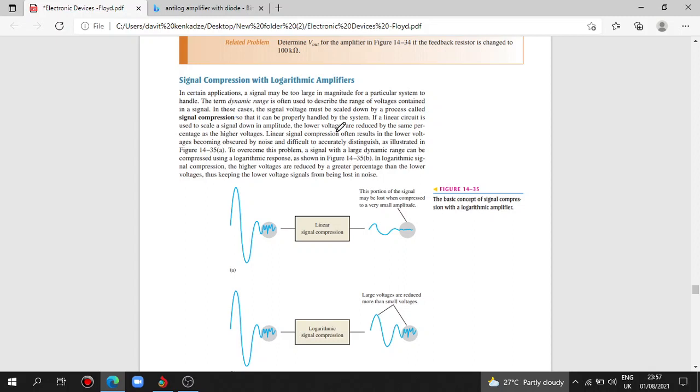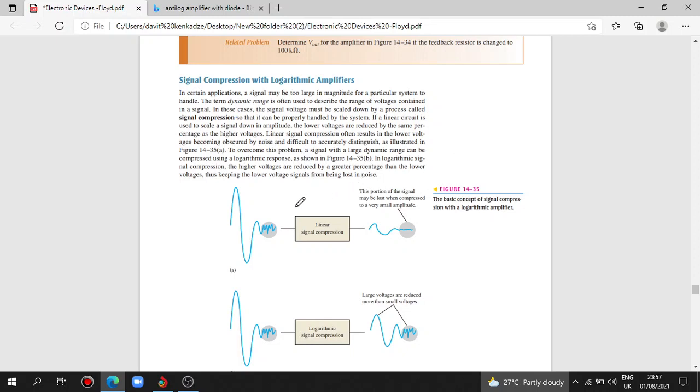If a linear circuit is used to scale a signal down in amplitude, the lower voltages are reduced by the same percentages as the higher voltages. Linear signal compression often results in lower voltages becoming obscured by noise and difficult to accurately discriminate, as illustrated in the figure.